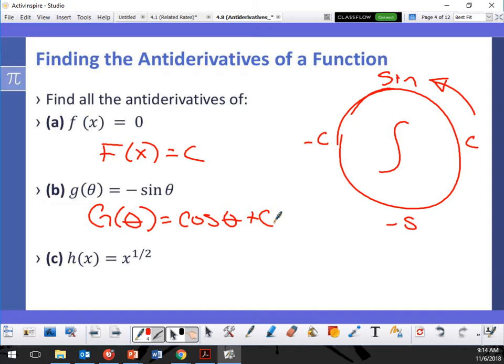Same thing goes for the power. If I were to take the derivative of that, what would I have done? Multiply out the front and subtract one from the exponent. So what would be the opposite?